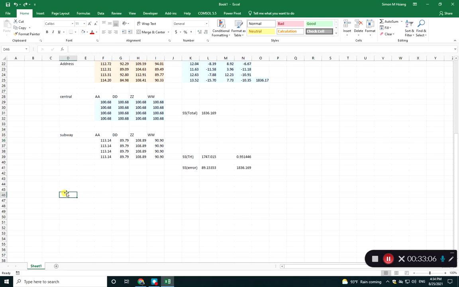Now we can build our ANOVA table. The ANOVA table always has the sum of square column, and at the beginning we only have treatment and error.